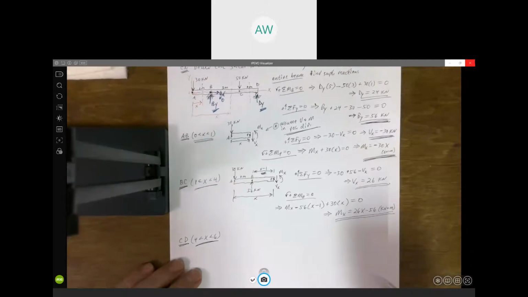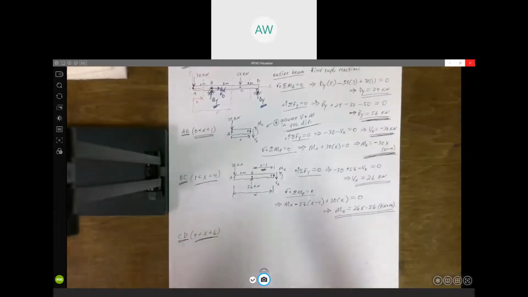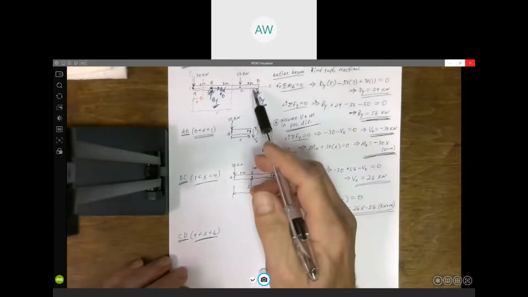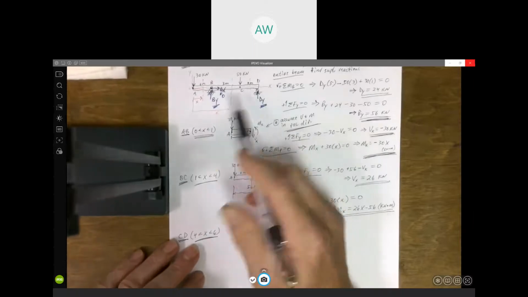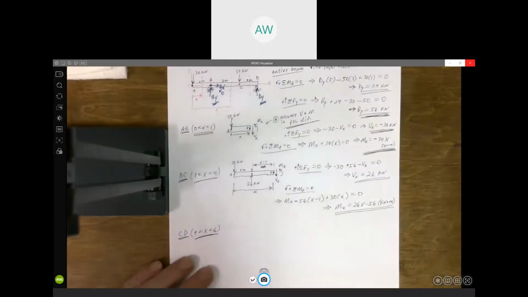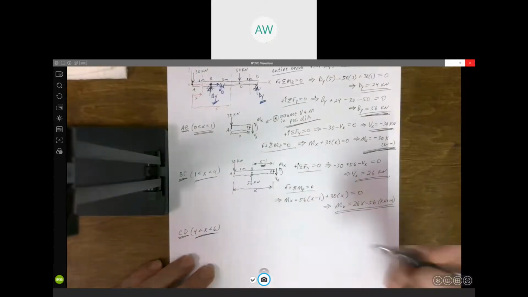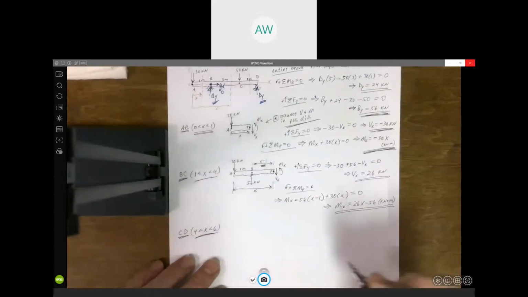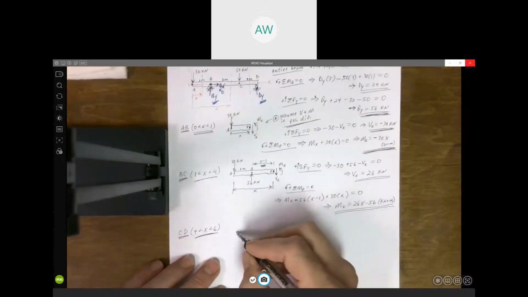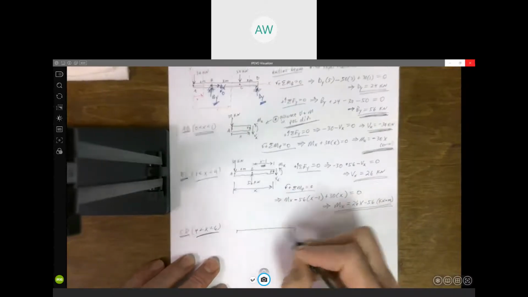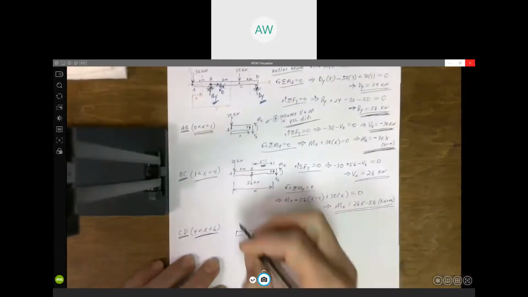Now, there's a reason I'm going to do it this way, because you might be thinking, well, if I cut it here, it'd be less work to work with the right side than the left side. And I'm going to come back to that in a minute. So if you're thinking that, just hold that thought. But first, I'm going to do it by just sticking with the left side of where we cut it.